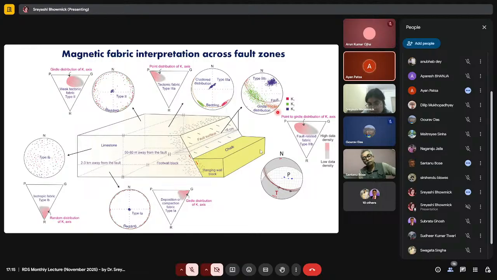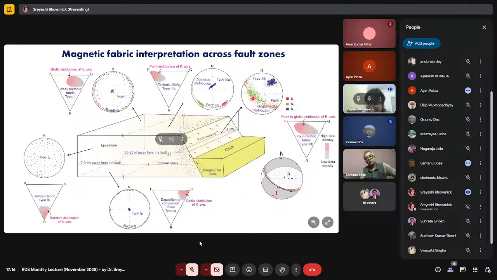So the alignment should be more in the fault surface compared to the damage zone or anywhere else. But here we are showing that the K1 is distributed in a girdle way, but in a high strain situation, we should expect the K1 to be a cluster. What is causing this discrepancy?